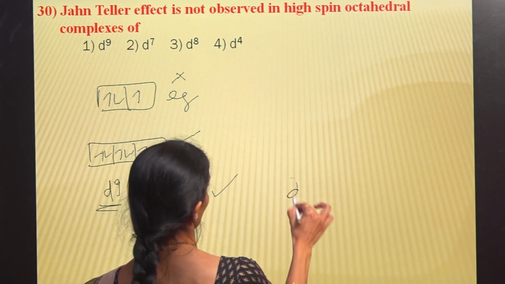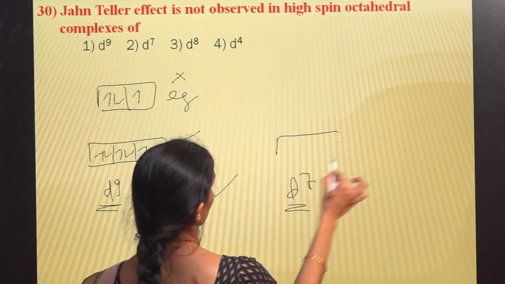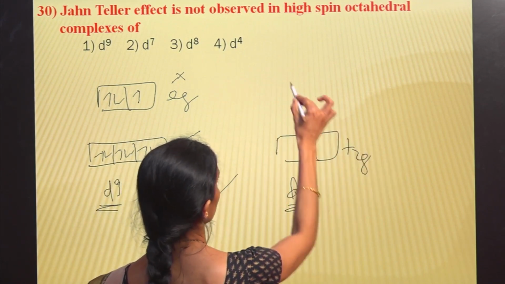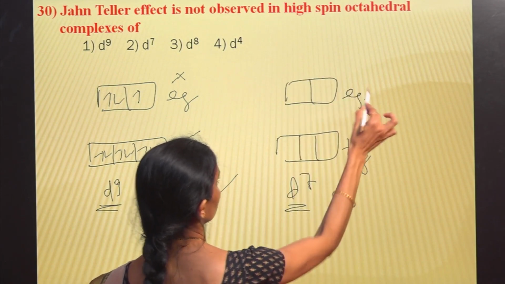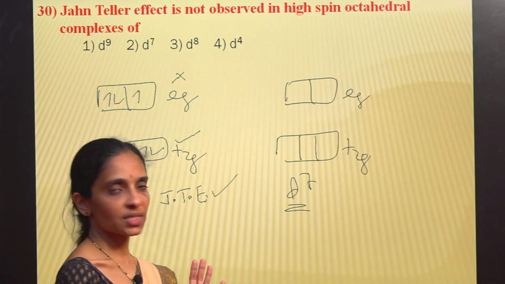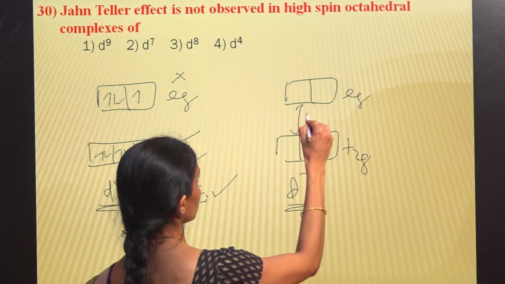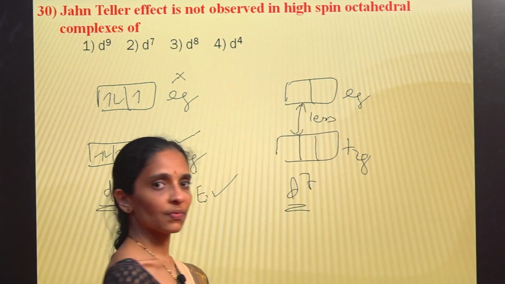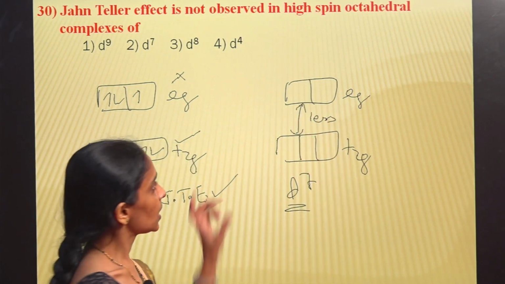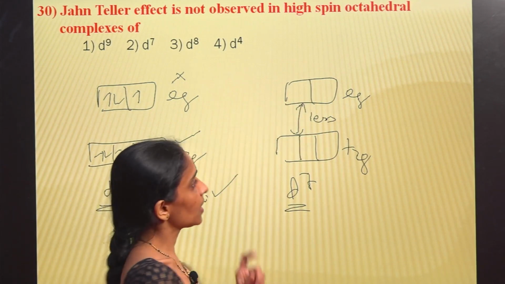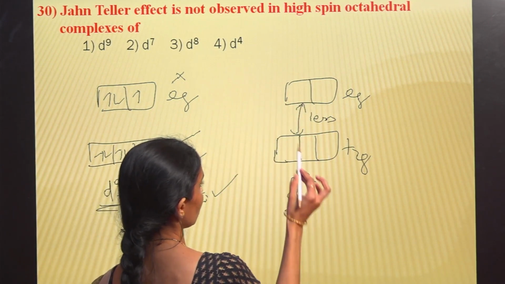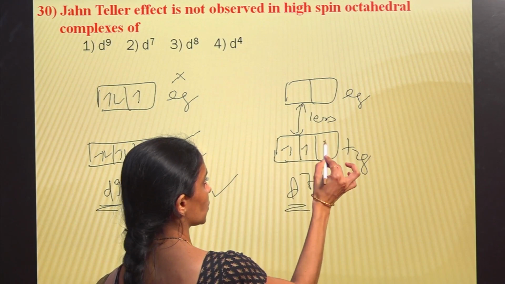D7 system, if you take, in the D7 system, what happens? It is a high spin complex, so the gap is small. Pairing is not preferred, electrons prefer to stay single as much as possible. So how do you write D7? 1, 2, 3.